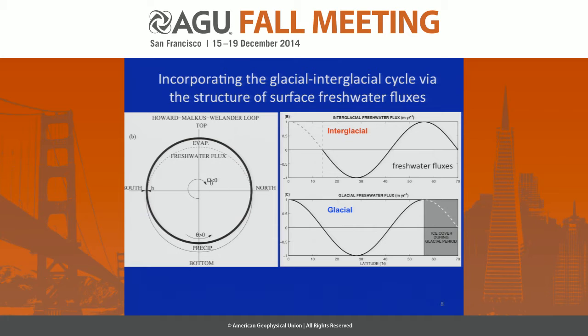And we can do it continuously, going from, say, the peak of interglacial to the peak of glacial, just shifting this basin and, in effect, changing the structure of mean freshwater fluxes. We can do it to a large extent, or we can do it just a little bit. And that would change, in the model, the two projections of freshwater fluxes, F, onto the horizontal and vertical.